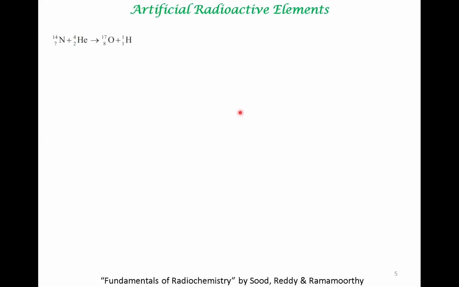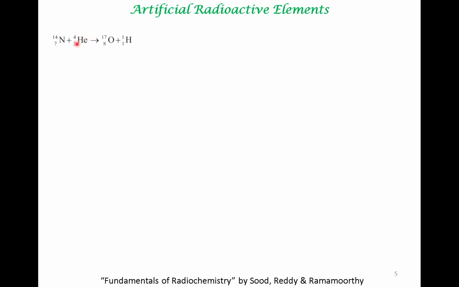So this is an example of artificial radioactive element generation, right? An alpha particle is useful for two reasons. First, there are natural elements which give rise to alpha particles, so they're readily available.